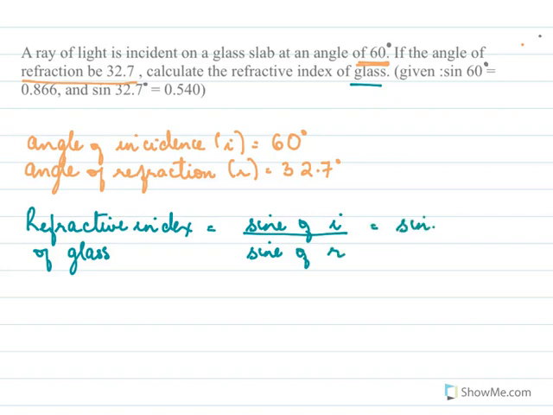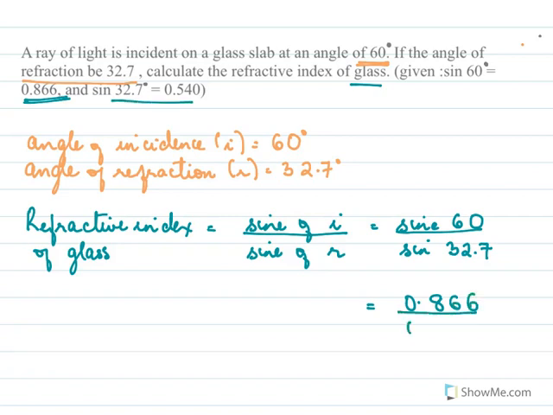So this would be sine of 60 over sine of 32.7, and they've given you sine of 60 as 0.866, and sine of 32.7 is 0.540, and on dividing this we get 1.6 as the refractive index of the glass slab.